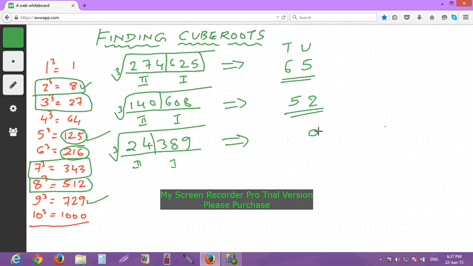So 9 is in the units place. Now look at the second group. There is 24. Which is the biggest cube that can be subtracted from 24? That is 8. Cube root of 8 is 2. Therefore 2 is in the tens place. So it is 29.